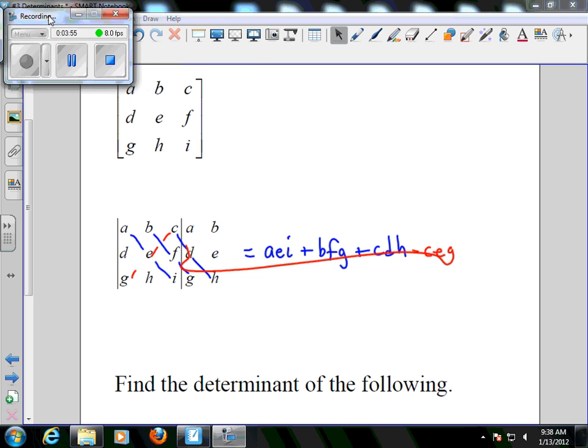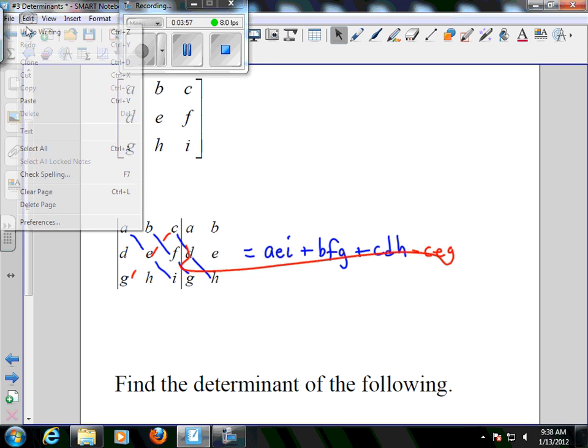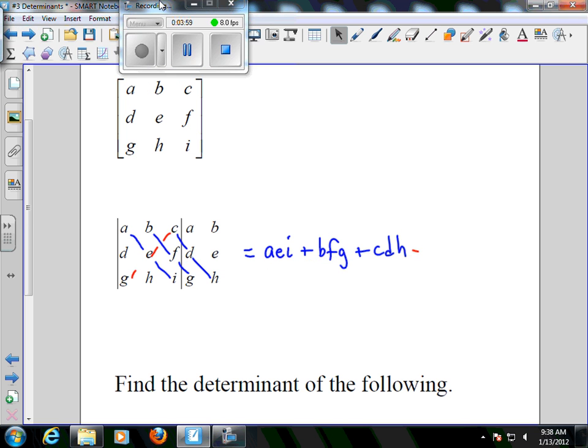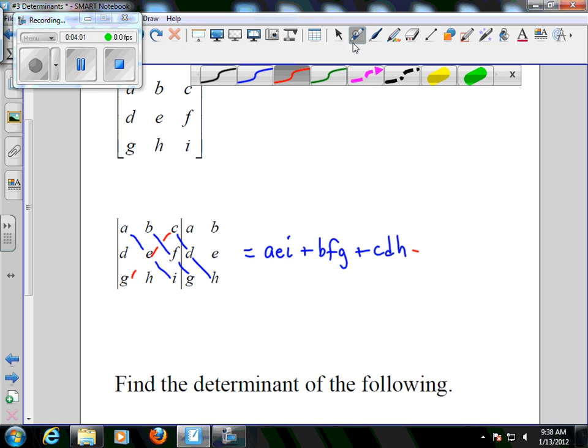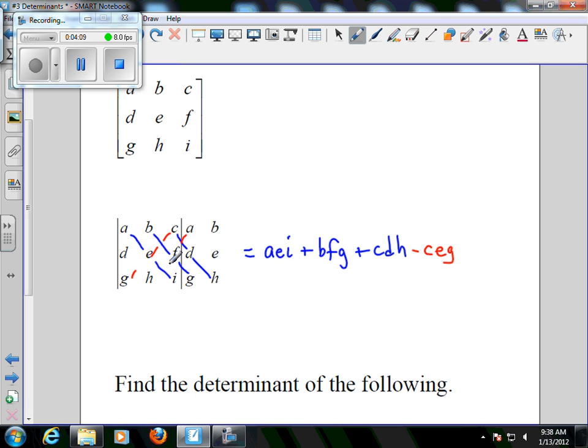There we go. All right, so now let's try that again. We want to subtract CEG, going the other way as well. We want to subtract AFH, and now we want to subtract BDI.